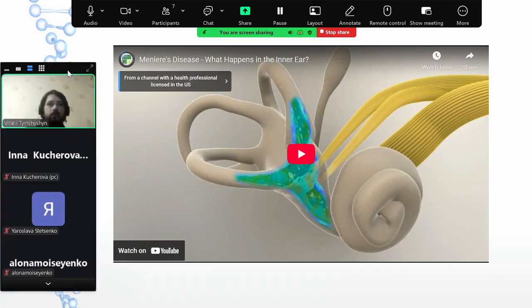If it mixes for whatever reason, what happens to the concentration of the potassium in these liquids?